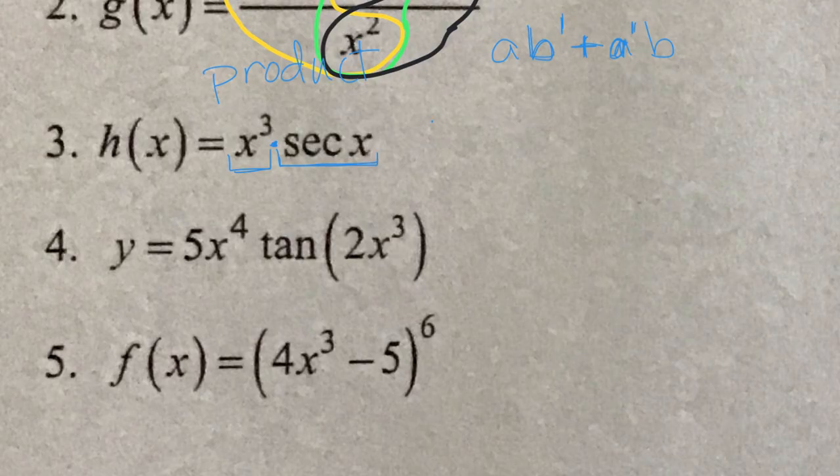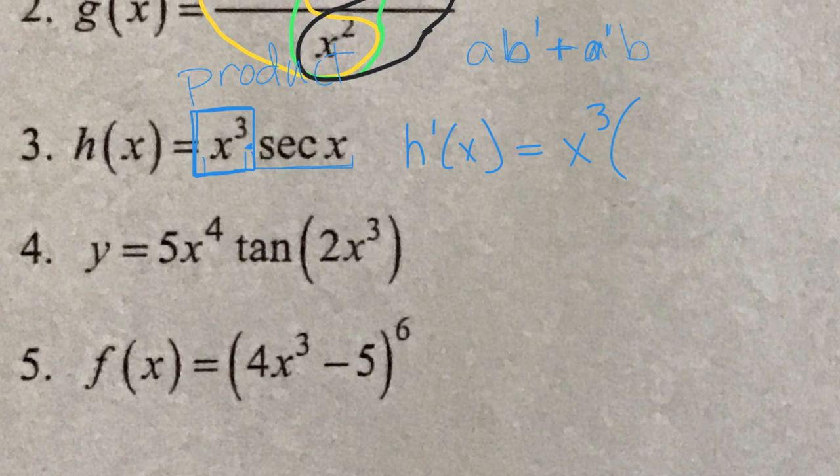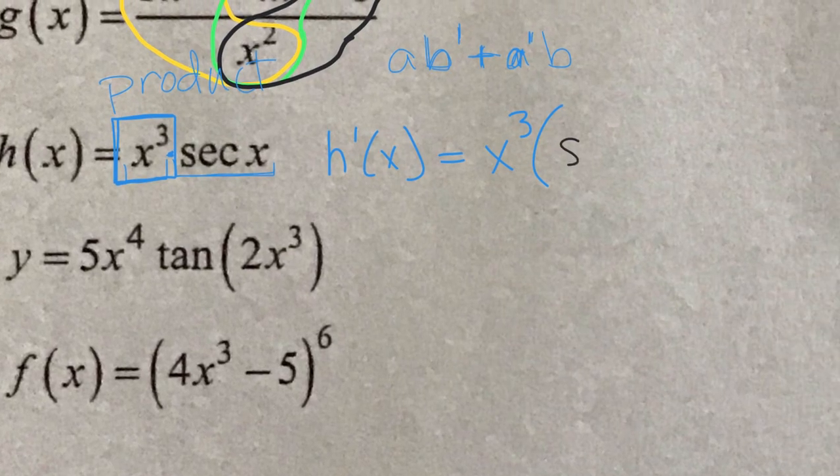So a prime b means we have our first equation just like it is. So that's x cubed times the derivative of secant, right? The derivative of the second equation. And the derivative of secant is secant tangent. Okay?